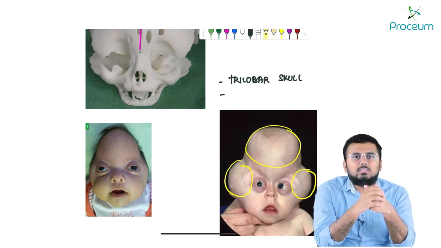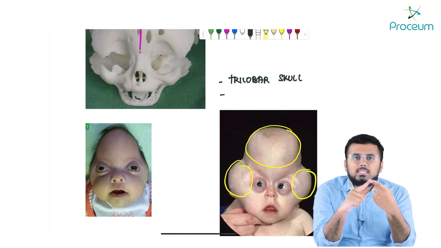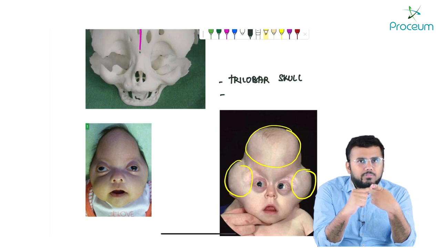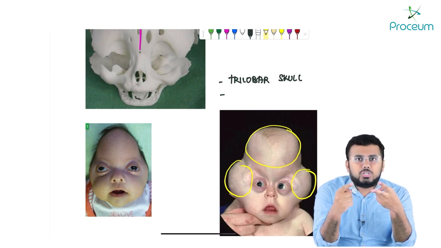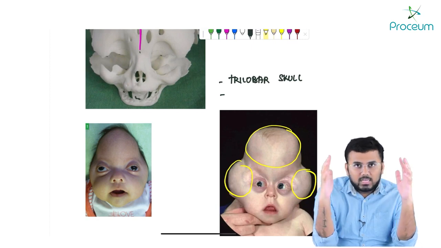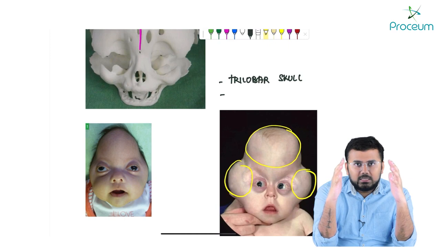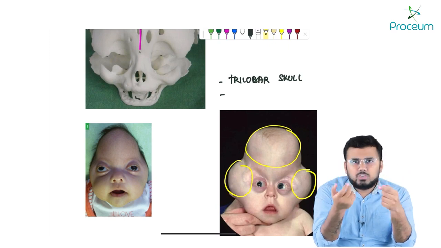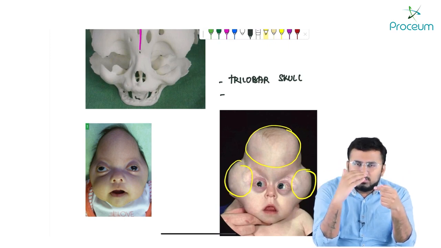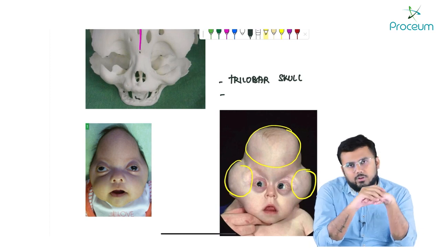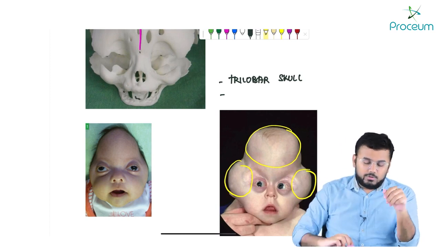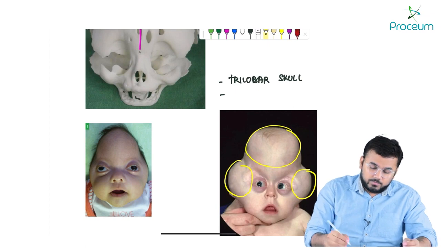So hydrocephalus is two things: either there is an increase in the level of CSF in the ventricles, or there is obstruction of the outlet of CSF. Here, when the skull cap is compressing the brain in all directions, there will be obstruction. When there is obstruction, can the CSF flow? CSF cannot flow.